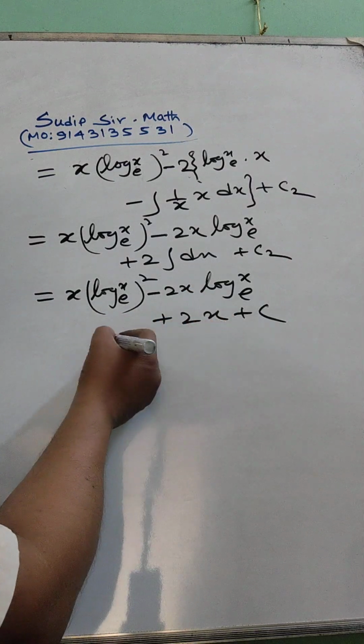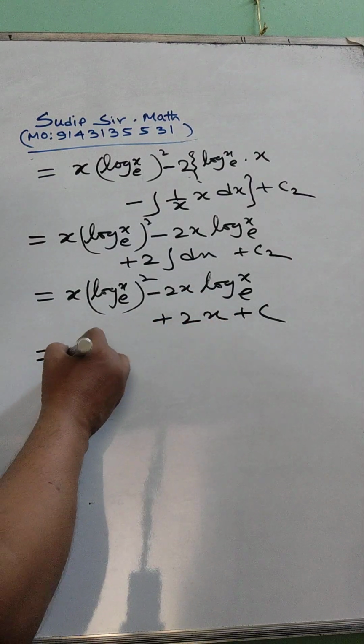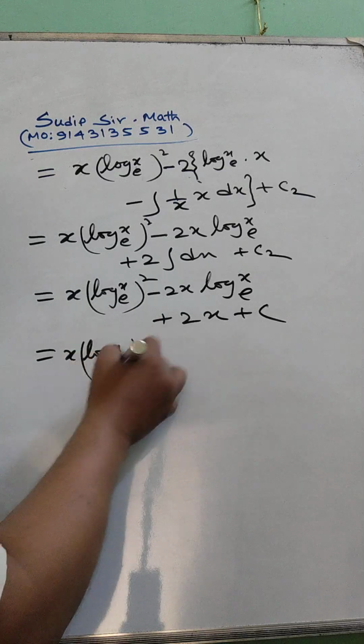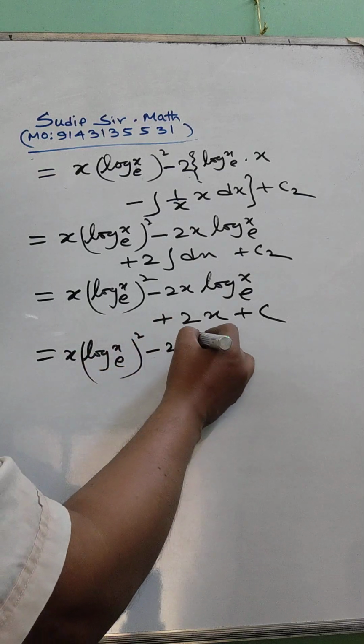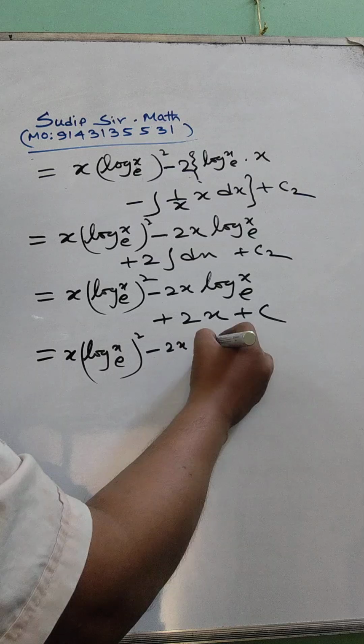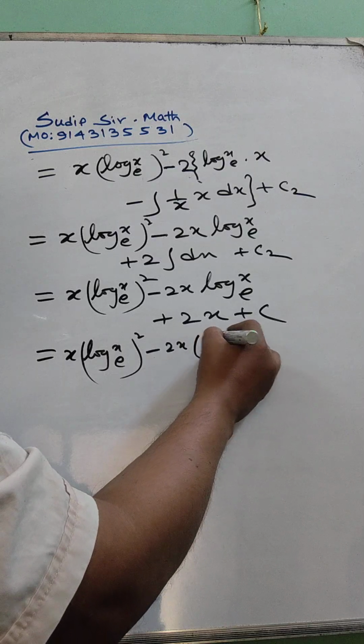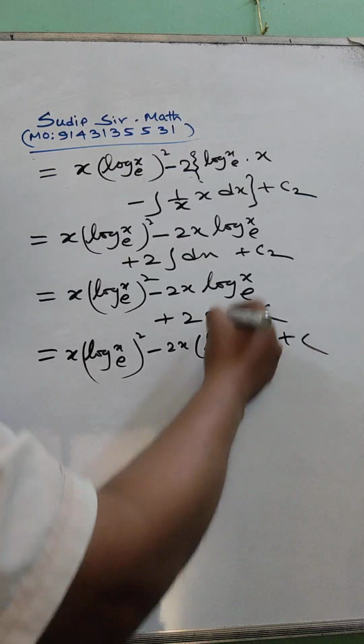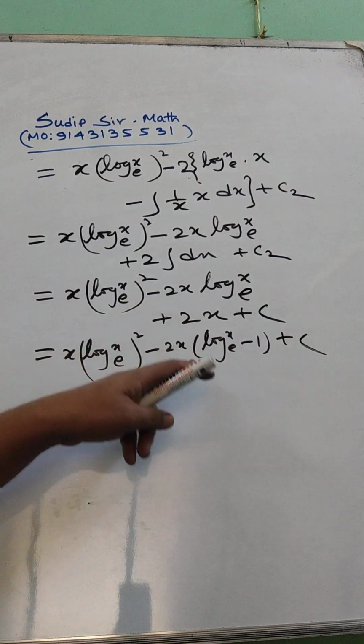Or this can be written x (log x base c)² minus 2x bracket log of x base c minus 1, plus c. Both are same, no problem.